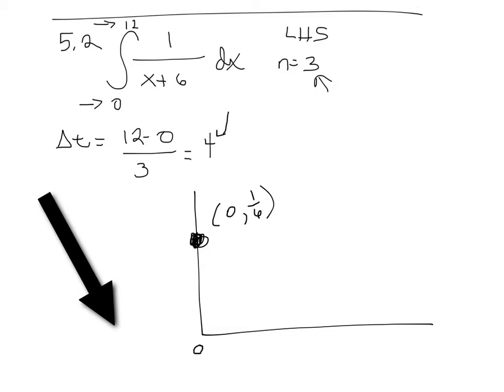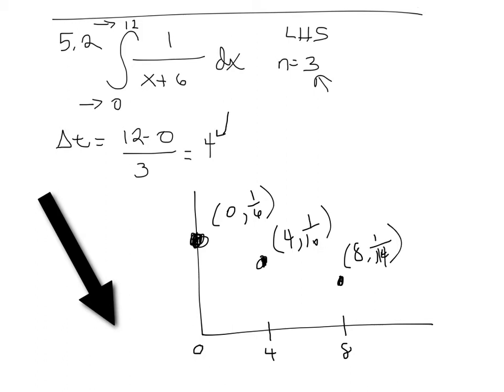I know this is the width of my interval, so my next point is going to be at 4. And so I plug in 4, and I get 4, 1 over 10 for my next point. And then I go to 8. I plug in my point, and I get 8, 1 over 14.